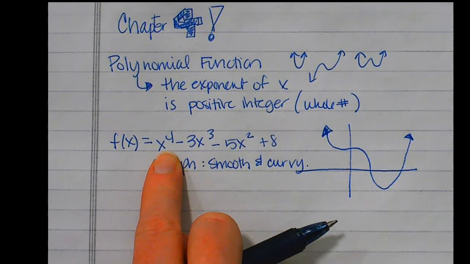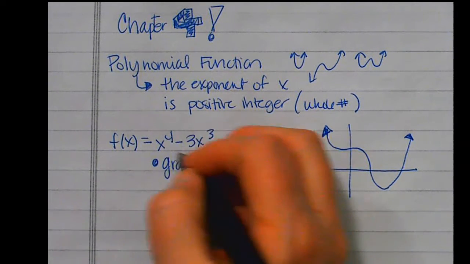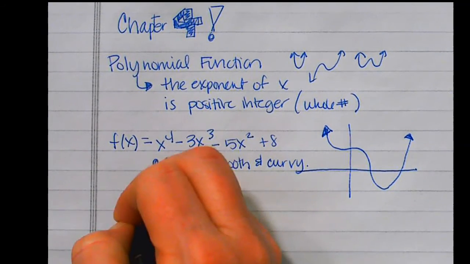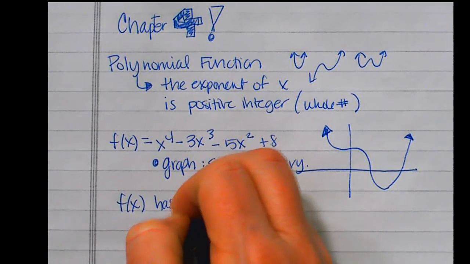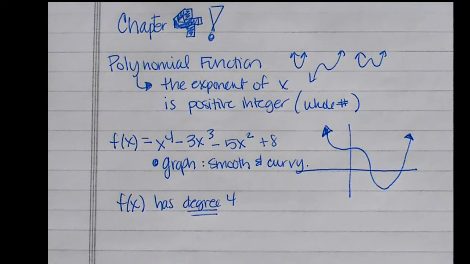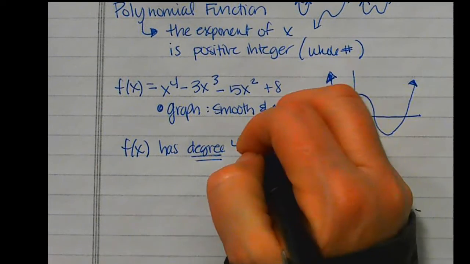So x to the fourth, as we move further from the origin, x to the fourth defines what happens in our graph. So I'm going to use this as our example, f of x has degree 4. Degree is one of our vocabulary words from last year. Degree means the highest exponent.